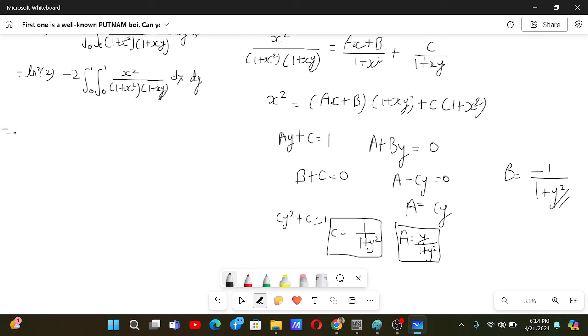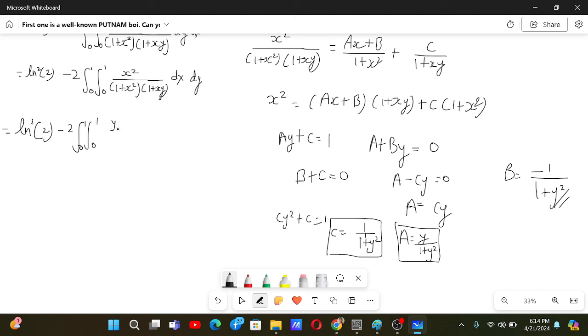So ln squared 2 minus 2 times the integral from 0 to 1, integral from 0 to 1. First of all, our a is y by 1 plus y squared.